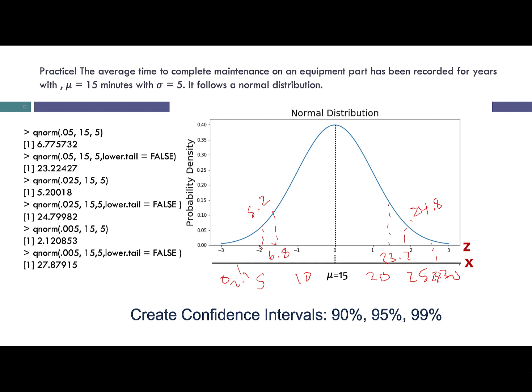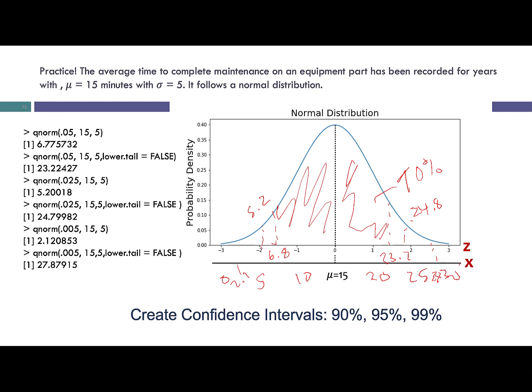So what that's essentially telling you is that all of this area under here represents 90% of the observations. If we push it out a little bit more, it represents 95% of the observations. If we push it out even more, it represents 99% of the observations.